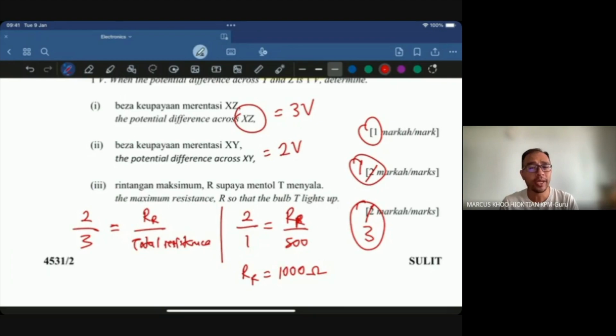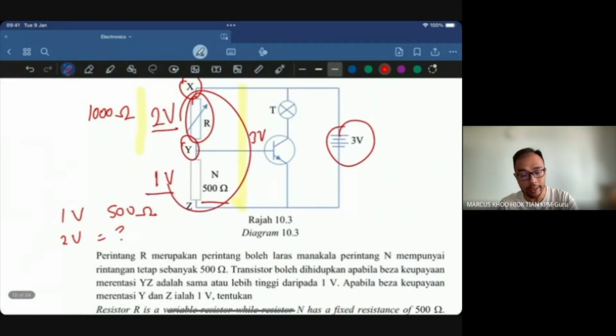Either one also can. I feel that this is a very easy 3 marks, and I really don't know why there are so many marks for a very simple calculation. If you're going to use this, it'll be 2/3 equals RR over RR plus 500, because the total resistance is these two added together, the resistance of R plus 500.